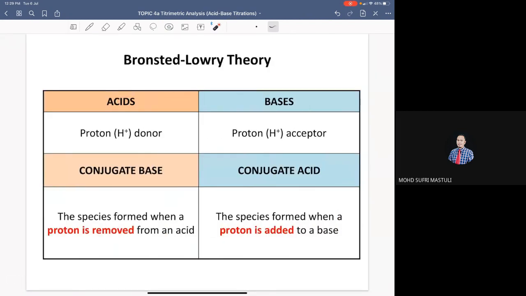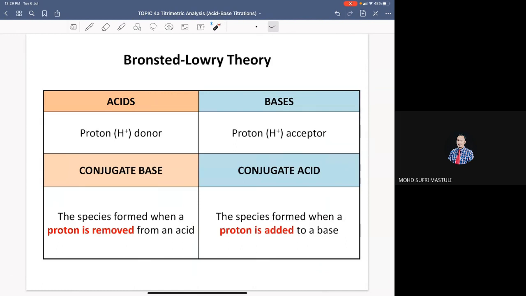For the Bronsted-Lowry theory, acid is a proton donor. Remember, Arrhenius said any substance containing hydrogen that can produce hydrogen ions in solution is an acid. For Bronsted-Lowry, acid is a proton donor. After donating the proton, the compound is called the conjugate base.